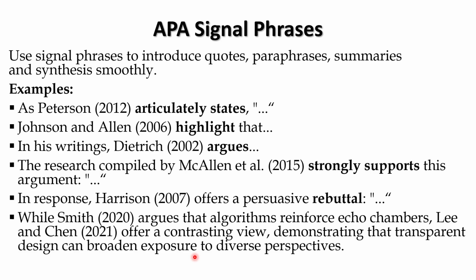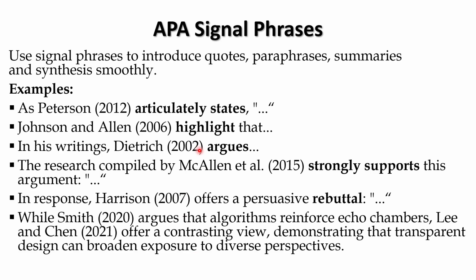Now, all right, everyone, take a look at this slide. We are talking about signal phrases, one of the most useful tools you can have when integrating sources into your writing. So what is a signal phrase?